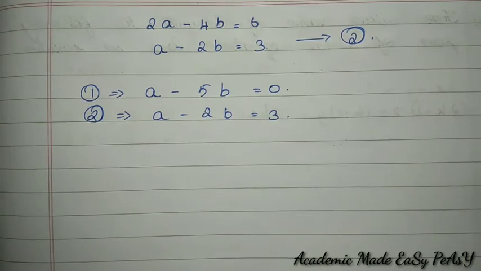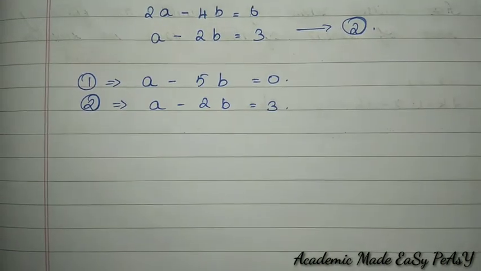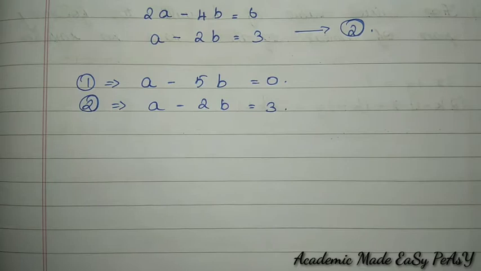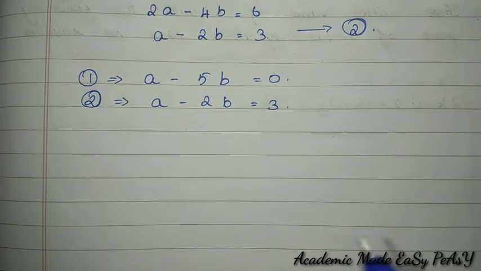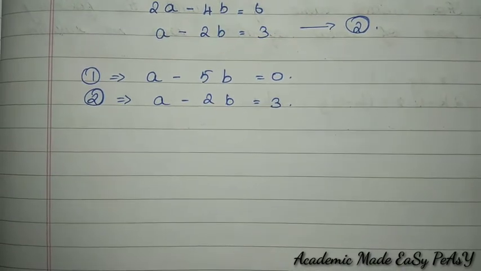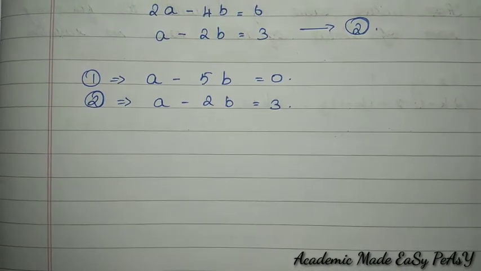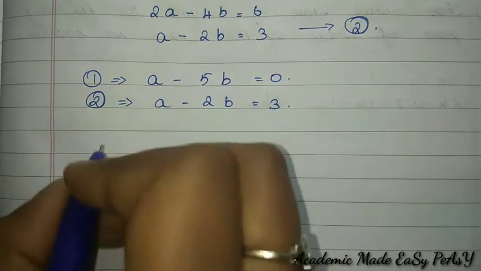Nothing is mentioned over here. So let me do it with the cross multiplication method itself, because cross multiplication method is new to us, so let us get used to it. If you want to try with substitution or elimination or graphical method, you can use those. But now I'm going to use the cross multiplication method.